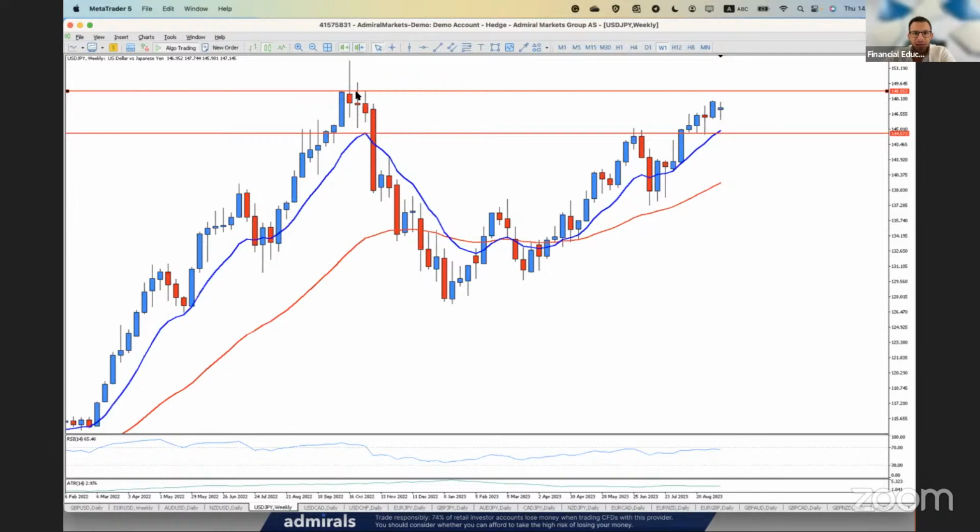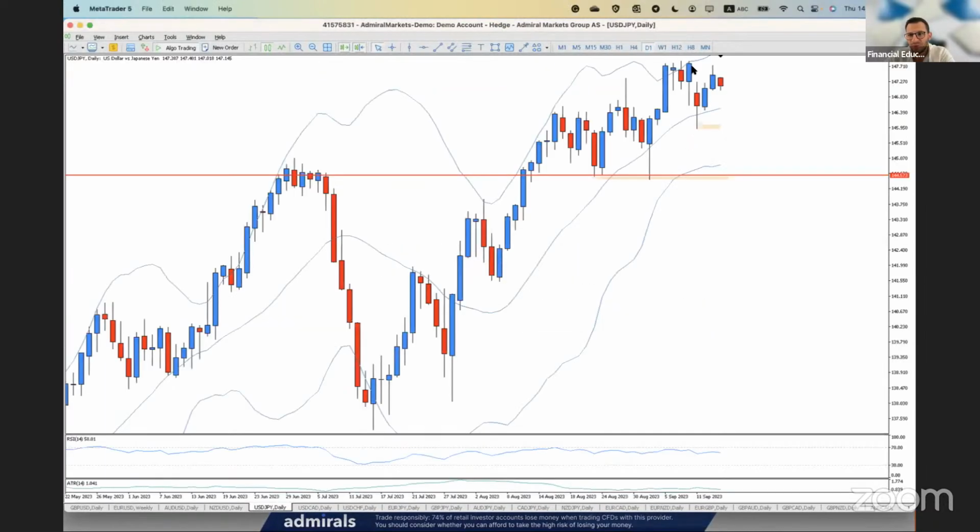USDJPY, I said that the resistance is much higher than what many people find here. And trust me, because I am in many Telegram channels where people express their opinions about the markets, and surprisingly, yesterday I saw a bunch of people selling the US dollar against the Japanese yen from here.